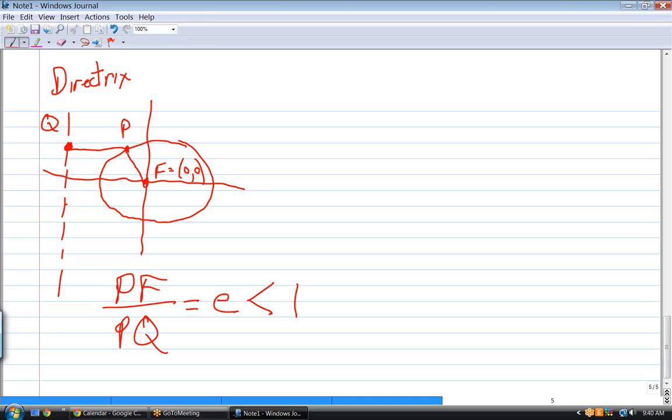Yeah. But notice that this is a completely different definition for E. We were just talking about E being C over A. Well, now they're defining E as, no matter where this point is on the ellipse, I could have made it over here, the distance from the focus to that point divided by the distance from that point measured perpendicularly to the directrix is E also.